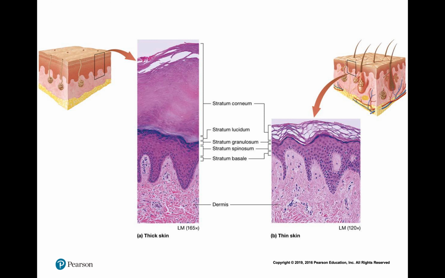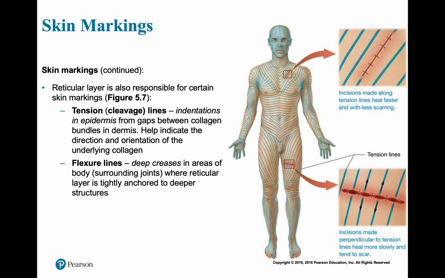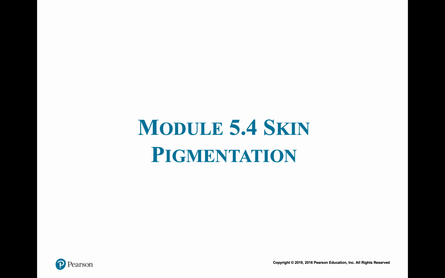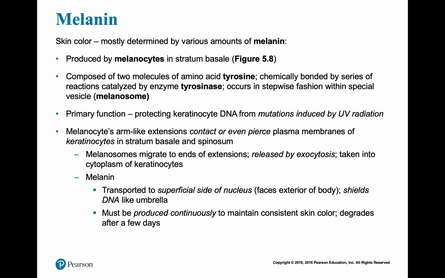All right, so since I reminded you of that, let's skip ahead to the section that talks about skin pigmentation. Your skin color, your skin tone, is mostly determined by the amounts of melanin present. And remember, melanin is a pigment molecule, and it's those melanocytes that produce the melanin.